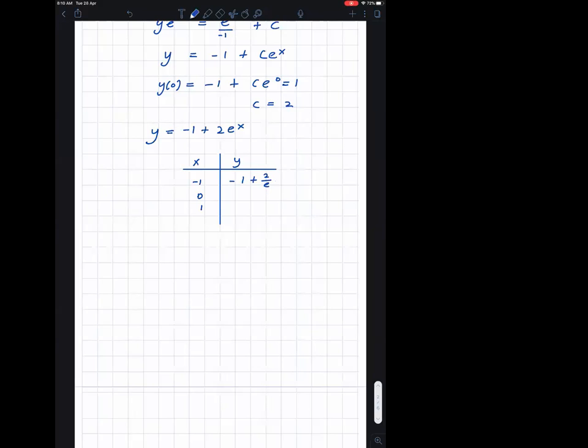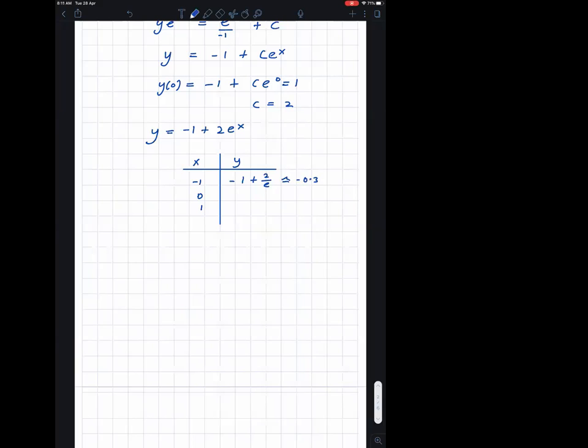How much is 2 over e? It's approximately around, I think, minus 0.3.